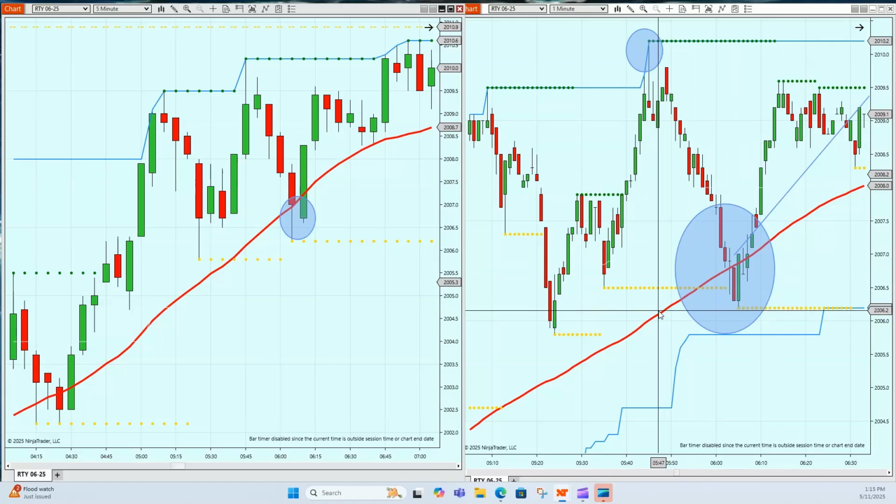You've got to remember, this red line right here is not a 1-minute moving average that traders are using. It is a 5-minute moving average.